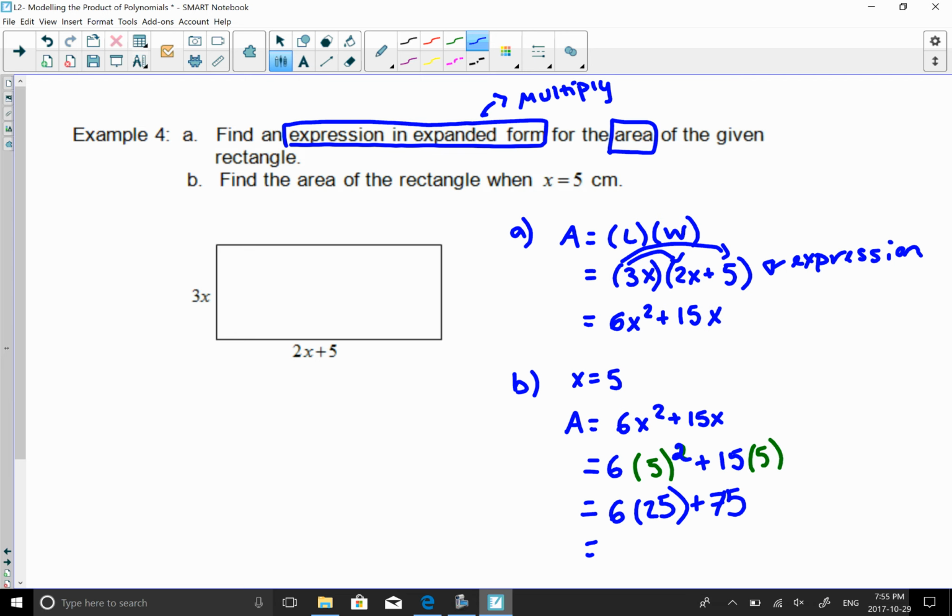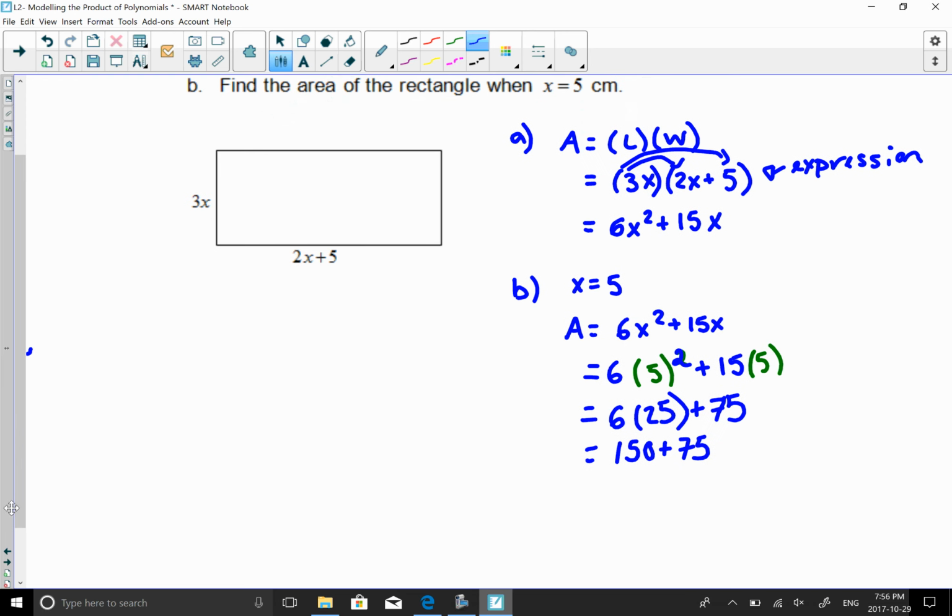You noticed I did my exponents before I did any multiplication. And then I multiply before I add. I'm following BEDMAS. And this is 225. When we have a unit, we have to include it. This is centimeters, and because it's area, it's squared. So the area of this rectangle when x is 5 is 225 square centimeters.